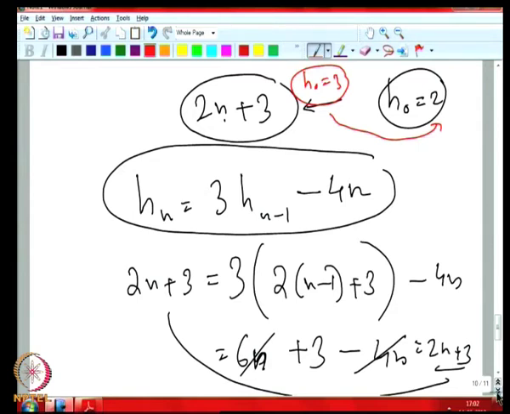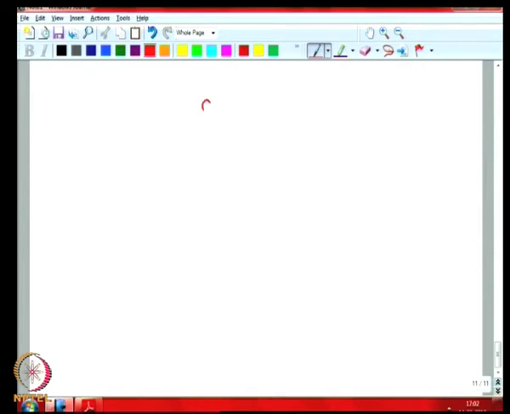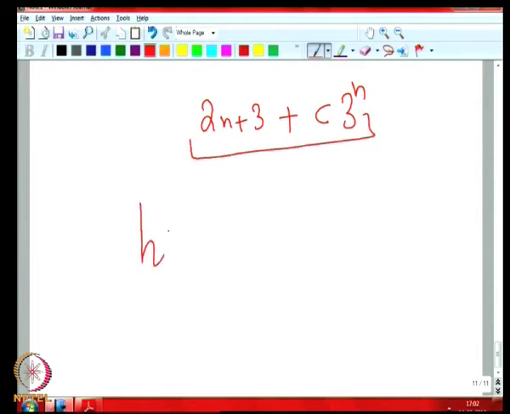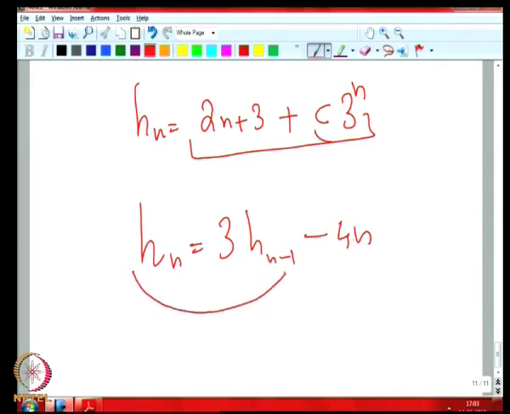So what we do is we will combine the particular solution 2n plus 3 with the general solution of the homogeneous part, which was C times 3 to the n. This is indeed going to be a solution, so if I take hn equal to this, it will satisfy hn equal to 3 into hn minus 1 minus 4n. Why? Because this part is a solution for the homogeneous part, and when I substitute, the contribution due to it will be cancelled on both sides.